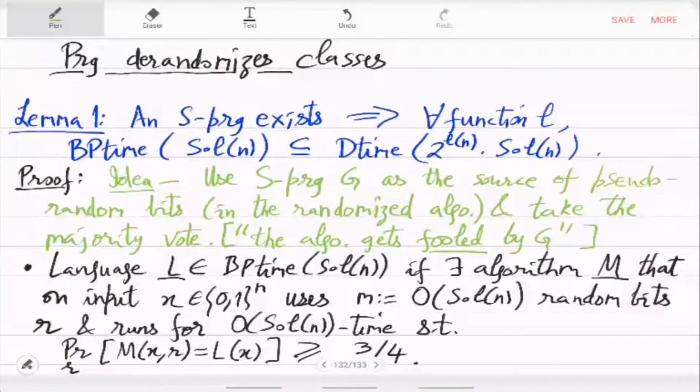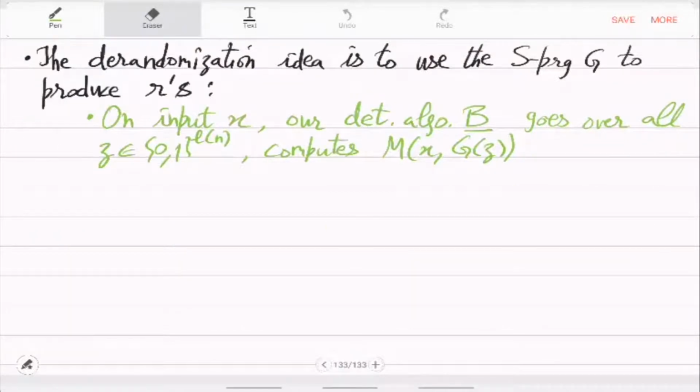Let me make it precise. Let me just make M just this. So G will stretch L bits to M bits, which is S(L(n)), and then this randomized algorithm M will use this output of G, and then it outputs the majority vote.